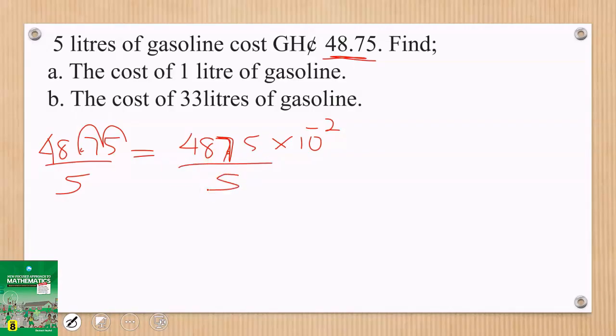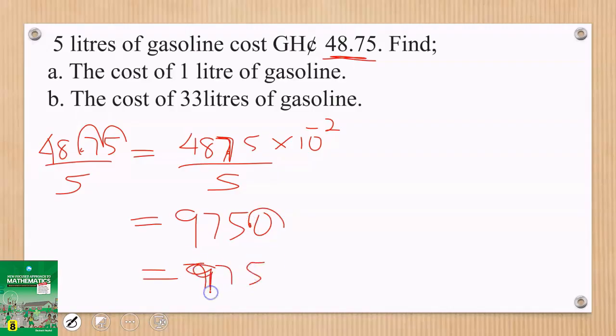So I can do 4,875 divided by 5 easily because I just have to double 4875 and move the decimal point backwards once. So if I double that, I have 9750. Decimal point is moved backwards once, and so my answer becomes 975.